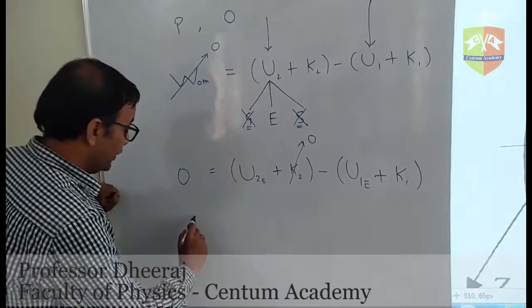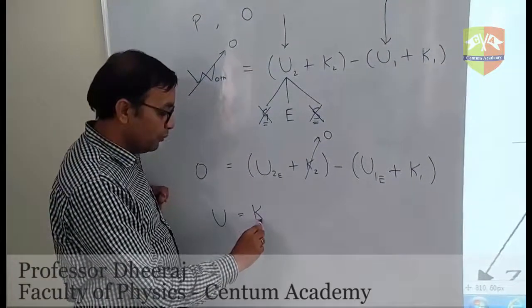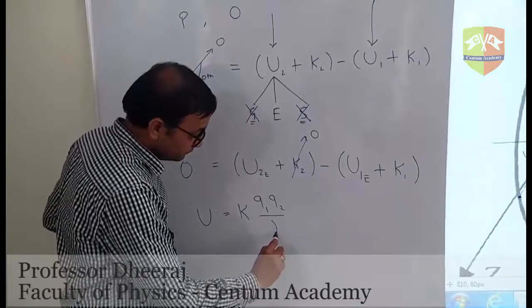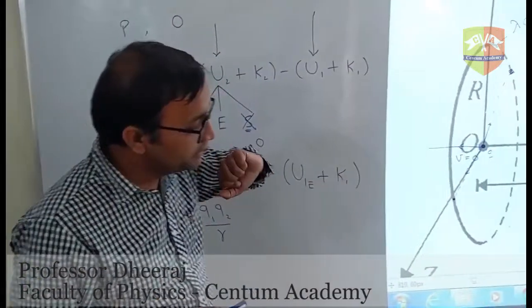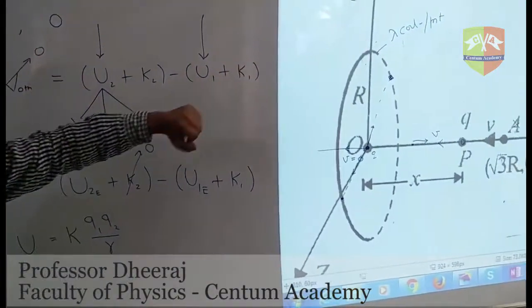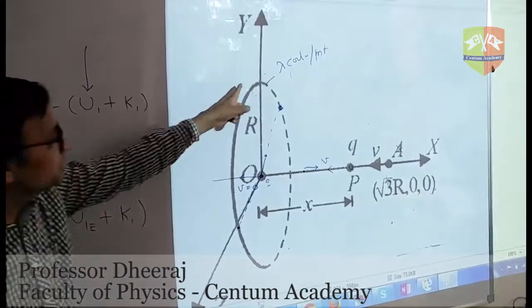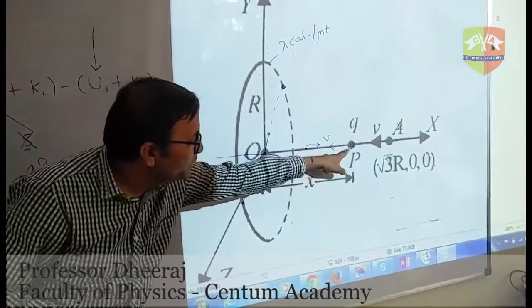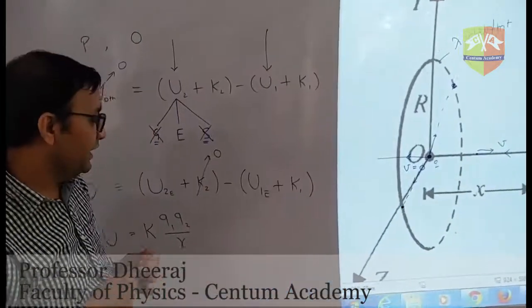Now, what is electrostatic potential energy? Between 2 point charges, we know it is K Q1 Q2 divided by the distance between the point charges. Now, this is not a point charge. This is a circular charge with charge per unit length lambda. But the good thing is that all the charges along this circle are equidistant from this point charge along the axis, wherever it is.